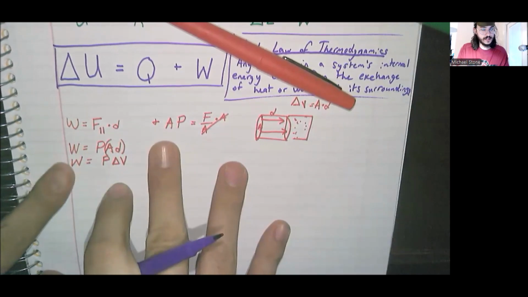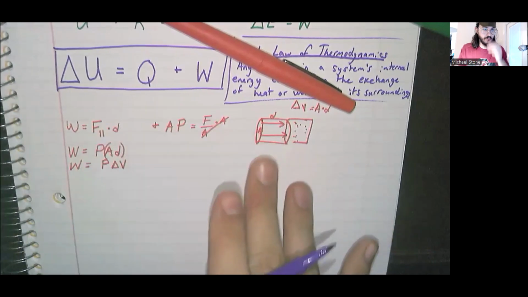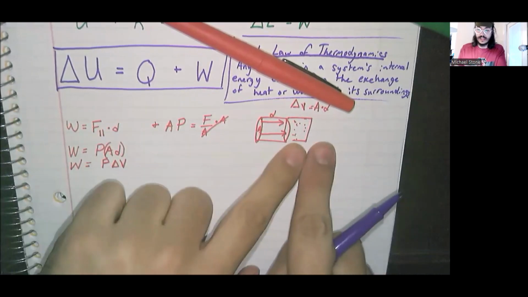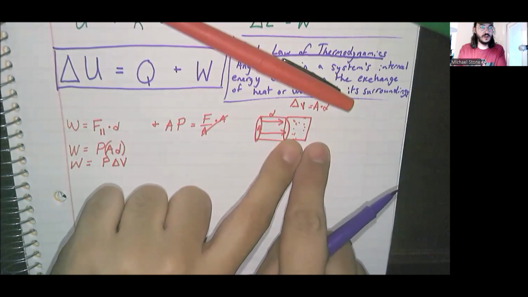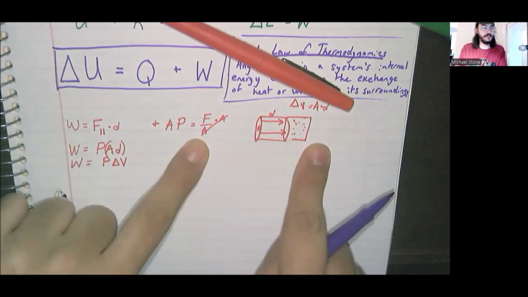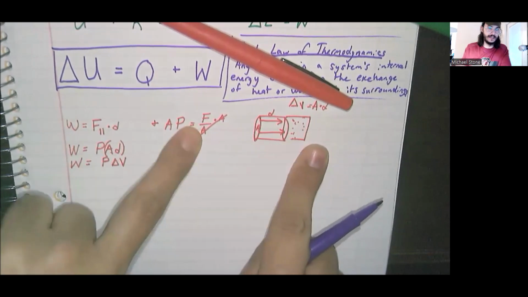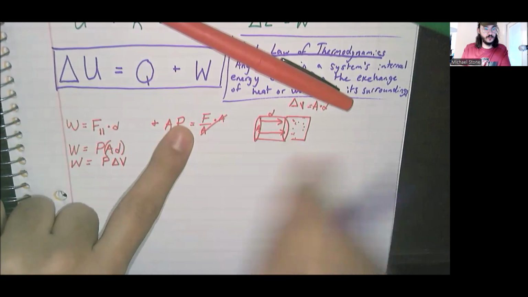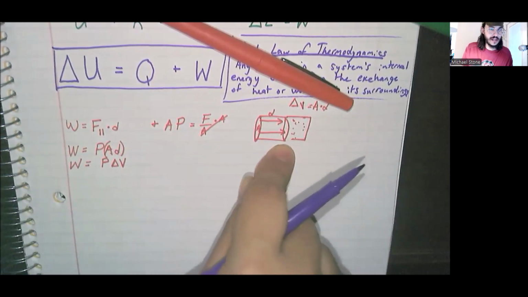Now, work could be done on a gas if you squeeze it, but you could probably also imagine the gas, let's say it is really high pressure and your plunger on the syringe pops back out. Well, that is work being done by the gas. One is in, one is out. In and out implies directionality.